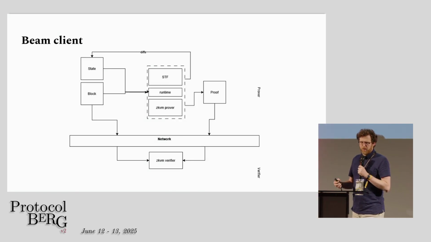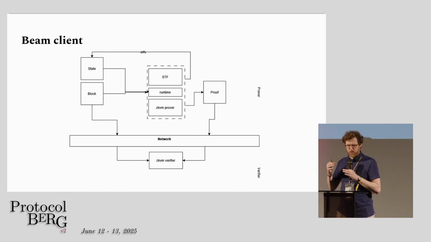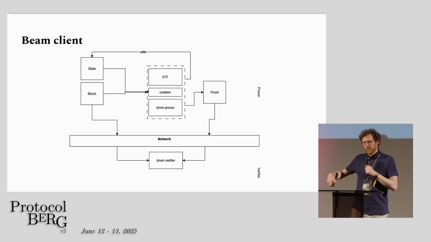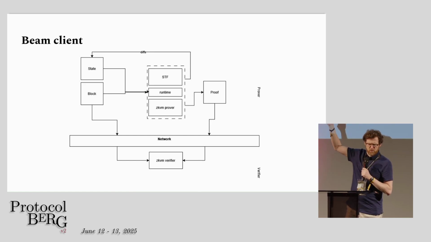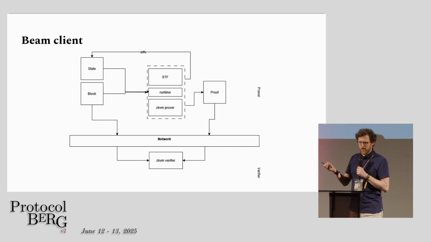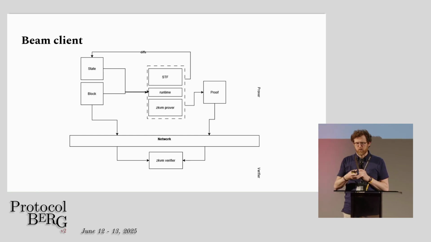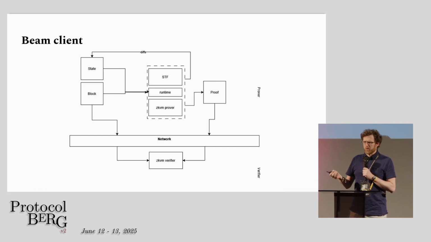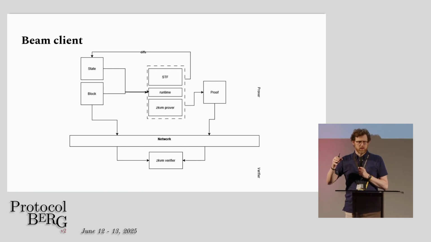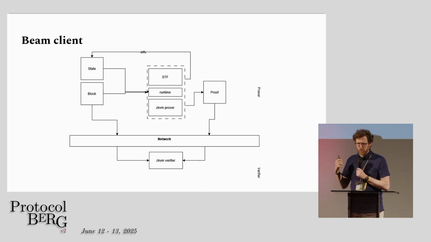And I'm going to make a very summarized version of what a Beam client does. If you look at the top left corner, you see things that a regular client would do today. It has a state, it has a block that it generated or got from the network, and it's going to run it. So this is where things start changing a bit. It needs to execute a transition function to figure out if the execution is correct.